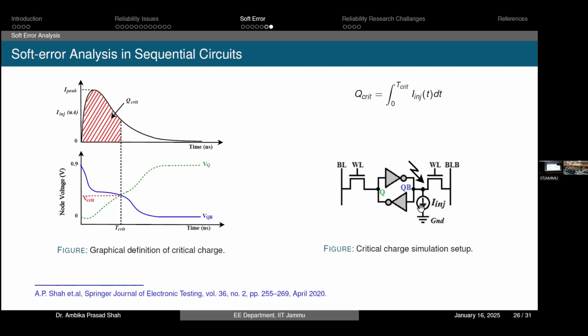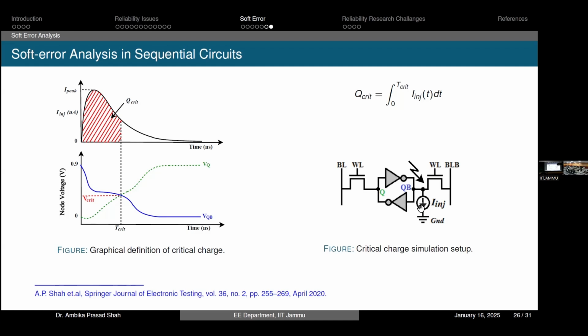Once it crosses the trip point, it will change the other inverter's logic and it cannot be recovered back. So in a sequential circuit like a memory, once it crosses the critical time or that point, it will flip the logic. Initially I was expecting QB to be 1 and Q to be 0, but it becomes opposite after crossing that critical time.